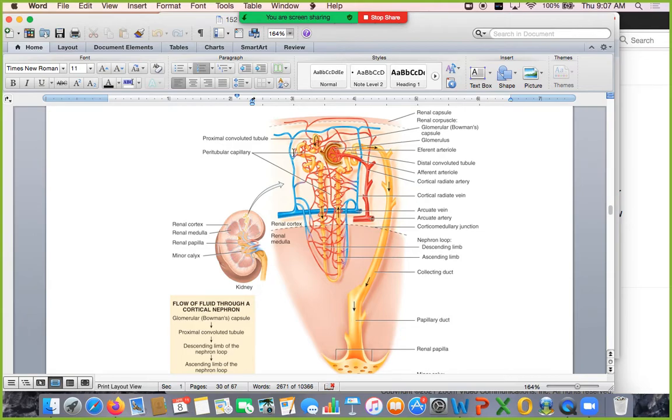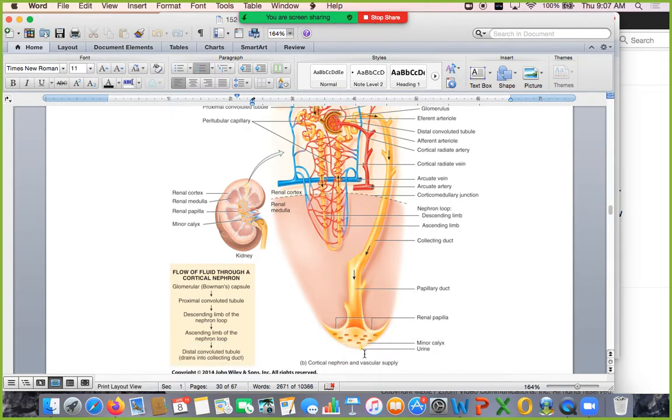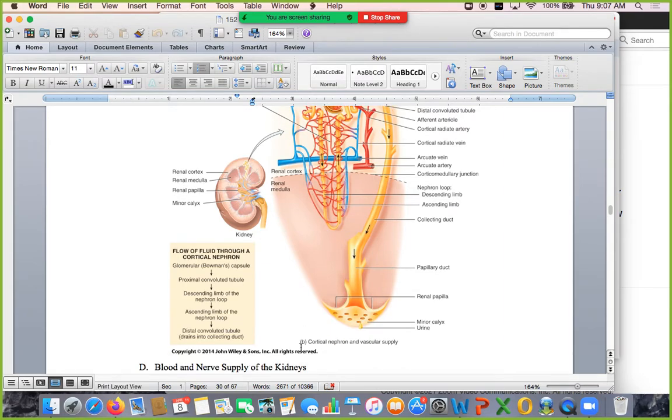From that region, this proximal convoluted tubule, it's going to enter into the loop. That's the descending limb. And then the ascending limb of the nephron loop. As we come back up, then we're going to enter into the distal convoluted tubule. From there, then we head back into the collecting duct, the papillary duct, and then out into the minor calyx. All right, so that's how urine is created.